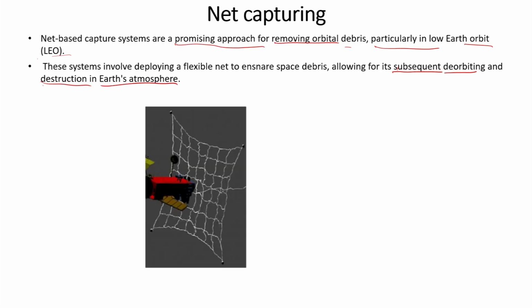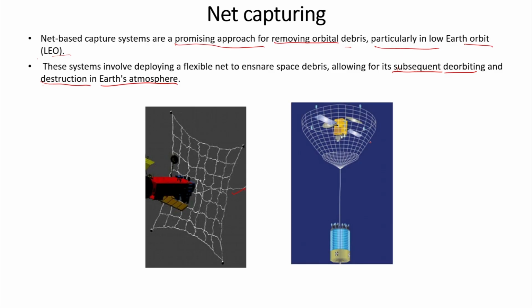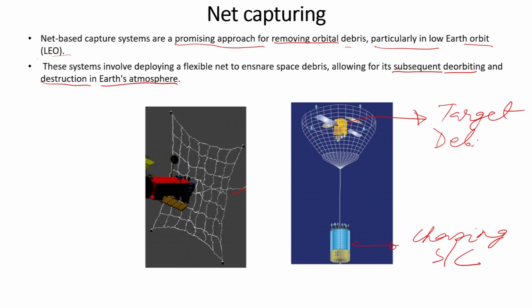You can see this is just a net, this is the tether, and this is the chasing spacecraft, and this is the target debris. You see how the net is used to capture this abandoned spacecraft, or it need not be a spacecraft, it can be part of the upper stage of a launch vehicle.